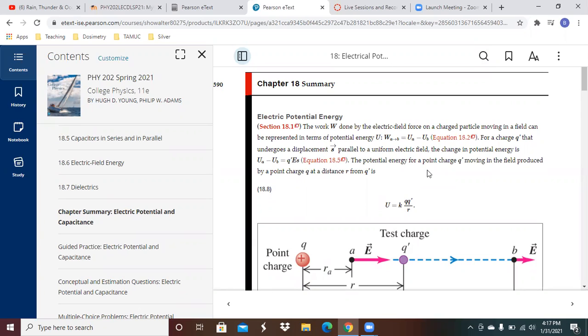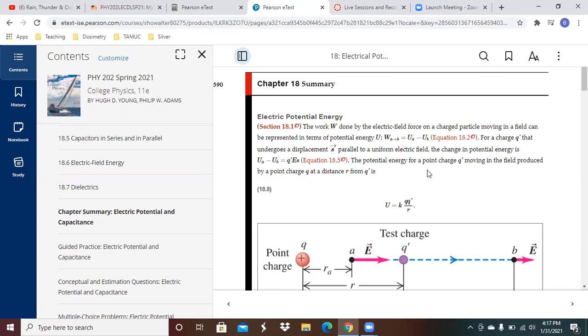We're going to be taking a look at potential energy and work and force to see how those same concepts, when we apply them to mechanical objects, can also be applied to electricity.